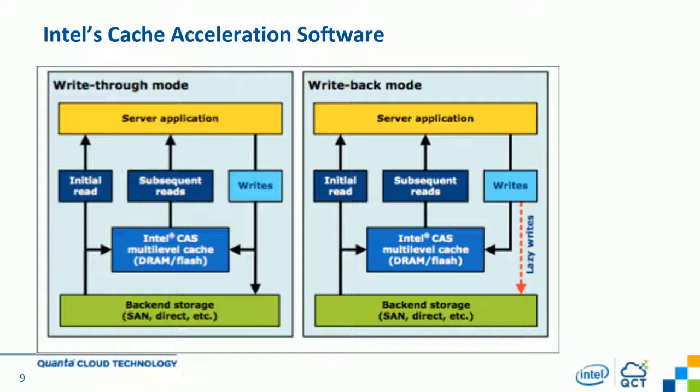Basically, you get either DRAM speed or SSD speed. Again, all writes in this case go to the cache first, and then the dirty data is written opportunistically to the backend storage, to the HDDs. Intel cache actually provides the ability to selectively cache I/O and prioritize eviction.